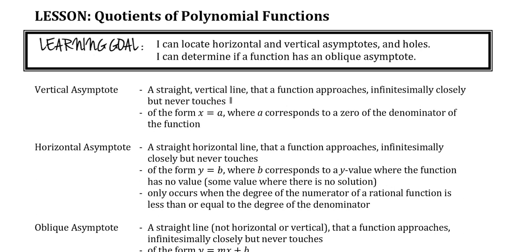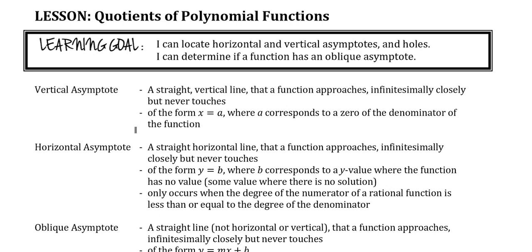And a corresponds to a 0 of the denominator of the function. So any value that would make the denominator of a function equal 0 is where a vertical asymptote will occur, which means that our function has to be written in a proper form where we can determine where a 0 would be.